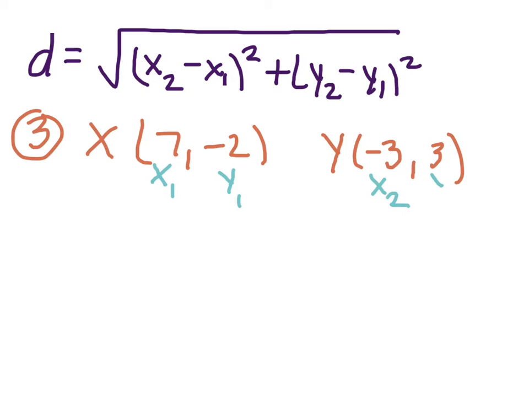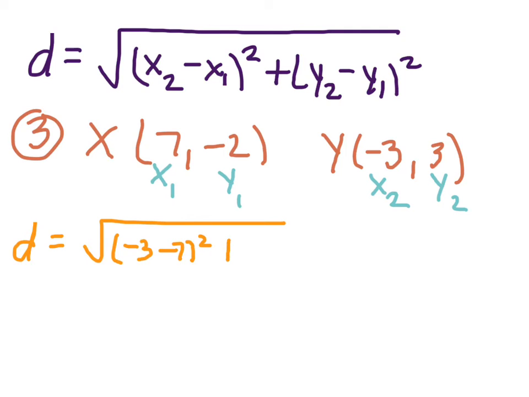Second x, second y. Then all you have to do is take those numbers and plug them into that formula. So we end up getting our x2 minus our x1 squared, plus our y2 minus our y1 squared.